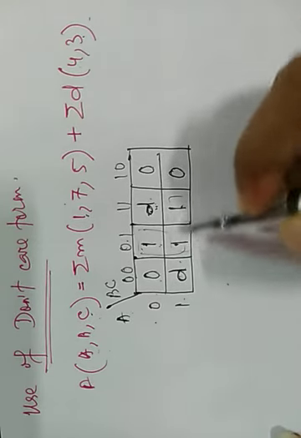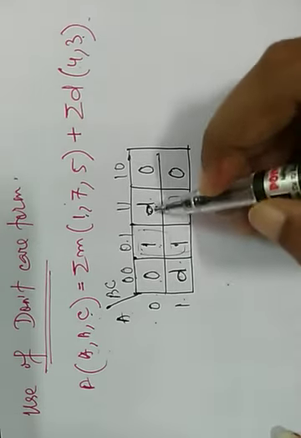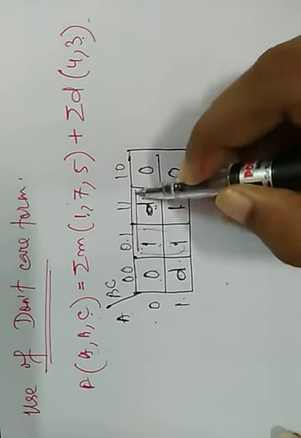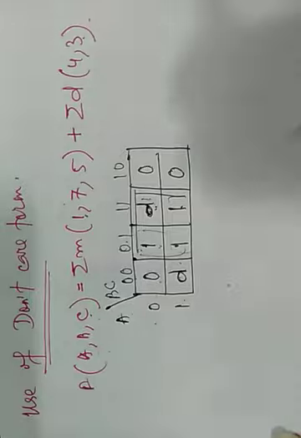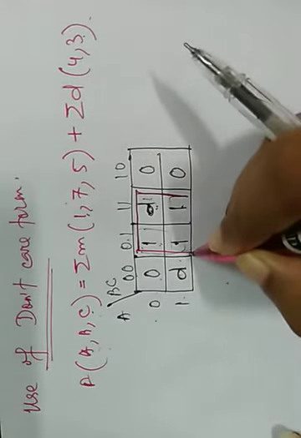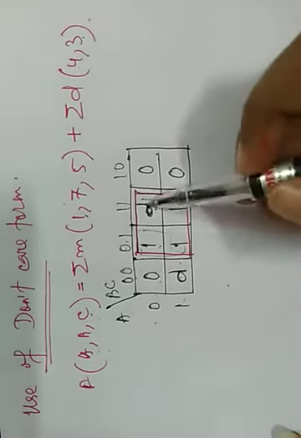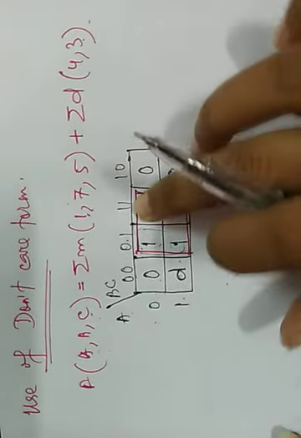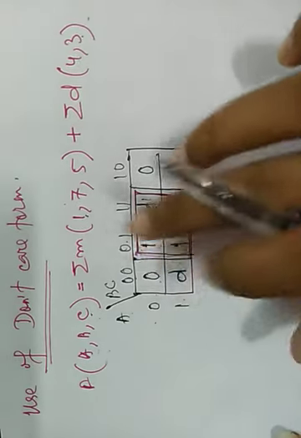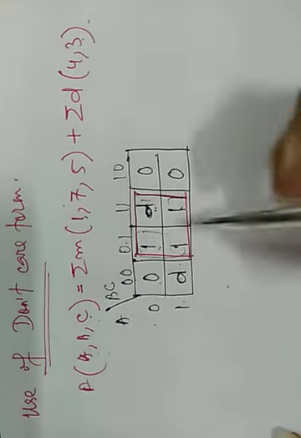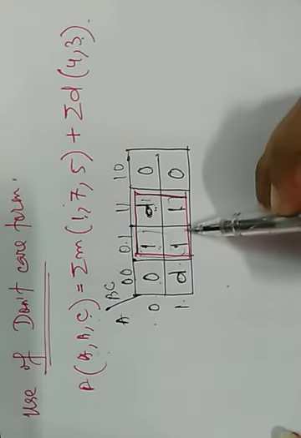You can make a group of two ones, but if you take this don't care value as 1, you can easily make a group of 4 ones. But if you don't take this don't care value into consideration, you have to make two combinations of two ones. Okay, two terms are there.